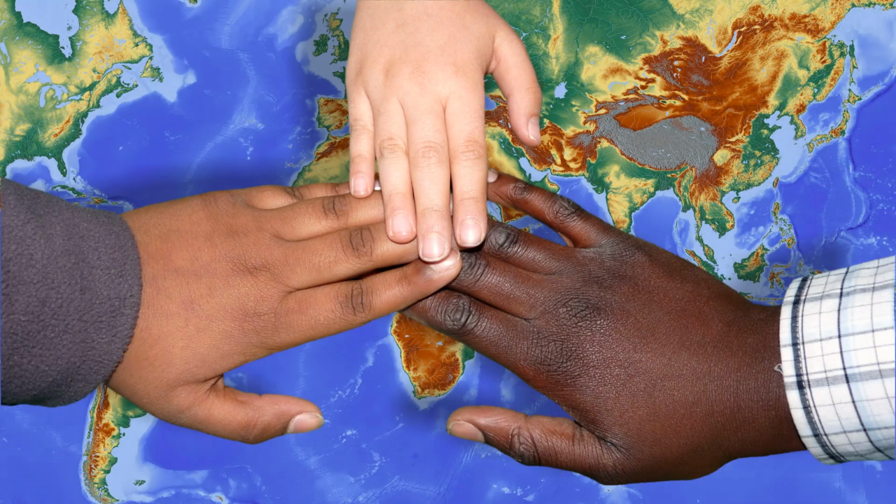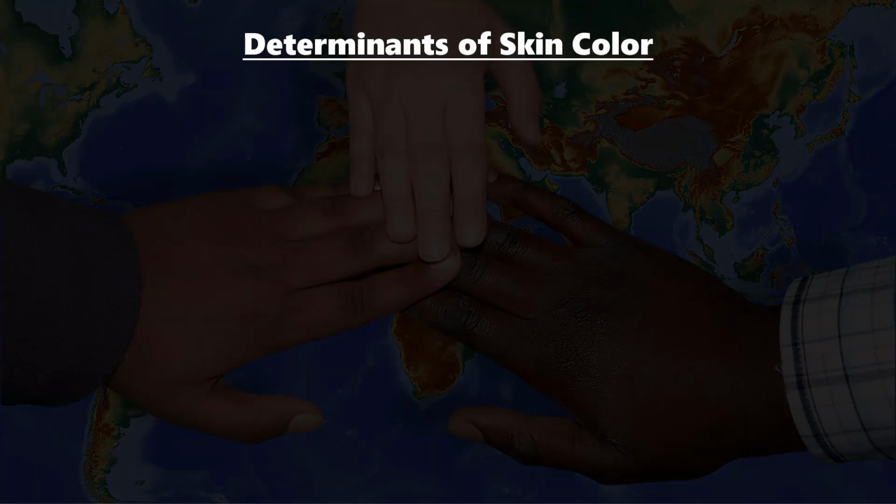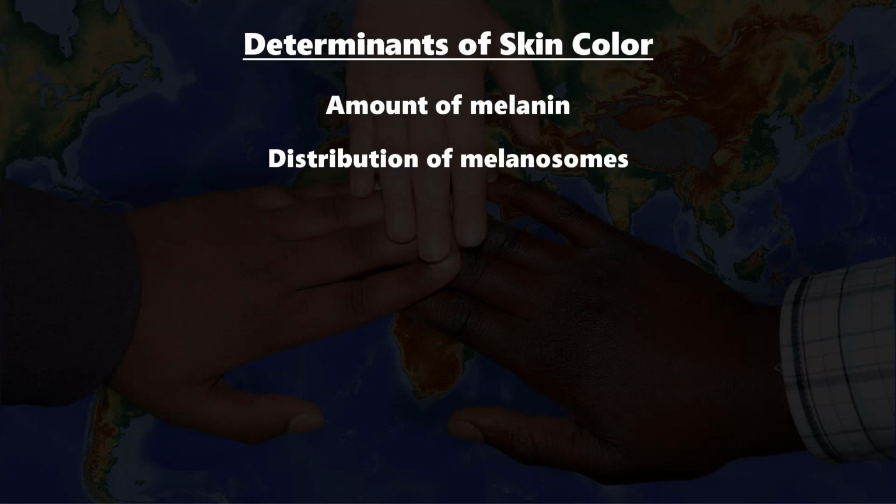Now, some of you have in the past raised some questions about skin color and its variants, and so let's take a few minutes to discuss this. What you should note down is that normal skin color variations are not determined by the number of melanocytes, but rather by the amount of melanin synthesis and the distribution of melanosomes.